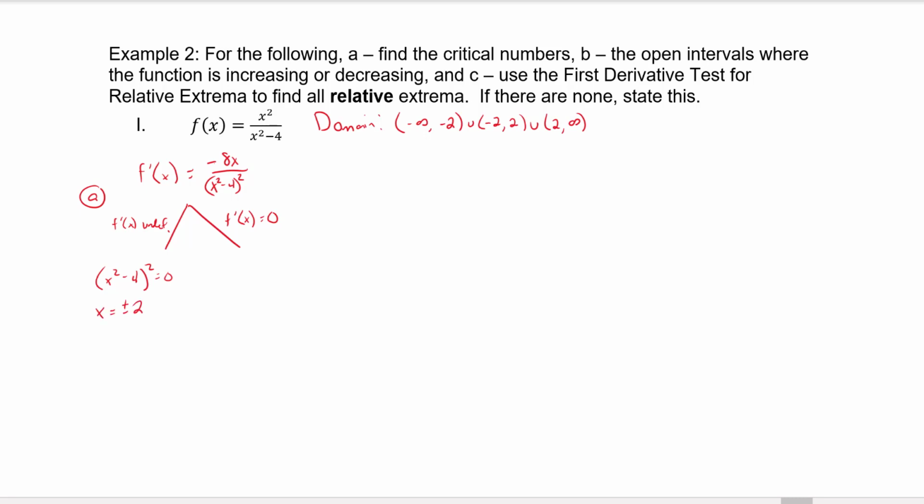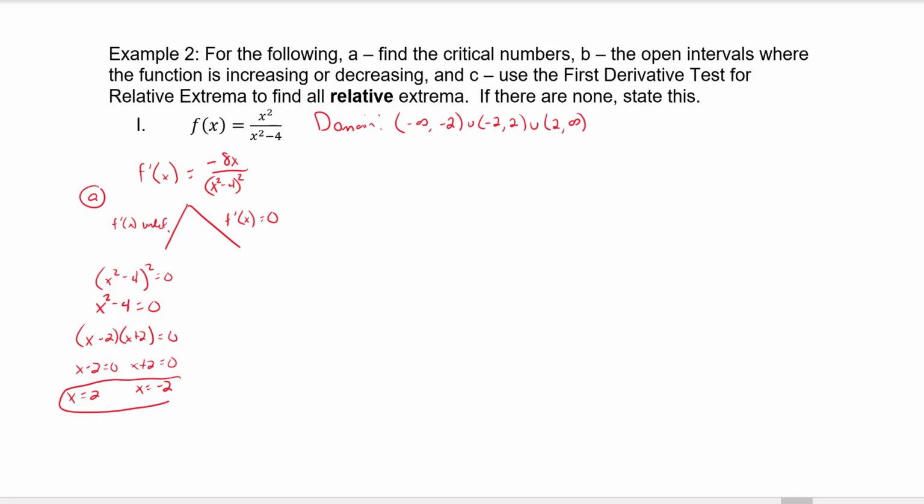Again, you should work that out. Well, let's go ahead and work it out. That gives you x squared minus 4 equals 0, difference of squares, x minus 2, x plus 2 equals 0, so x equals 2, x equals negative 2.